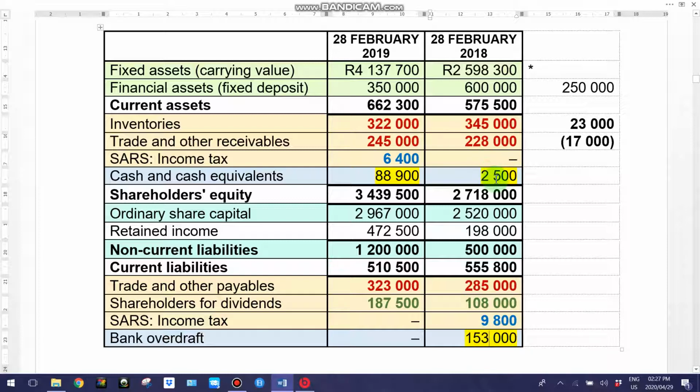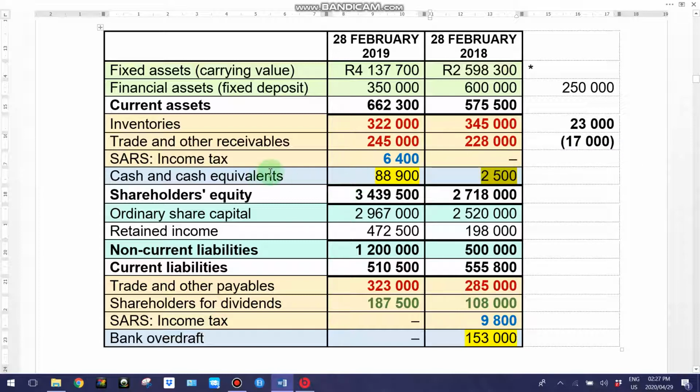You will come across situations where, for cash and cash equivalents, you need to look at both columns to see the net effect. So I had a bank overdraft of 153,000, which means the bank is a current liability, but I also had an asset of 2,500. If I have to explain, this 2,500 could represent the petty cash.